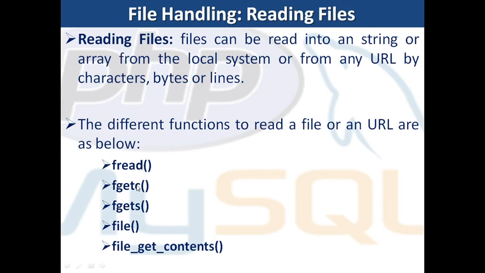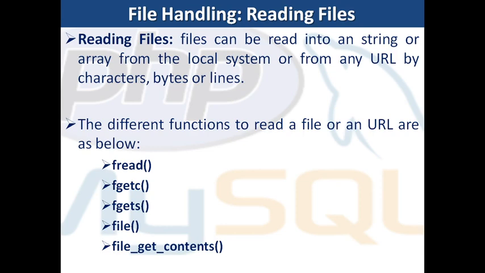fgetc function is used to read character-wise data from a file. fgets is used to read line by line data from the file. file, we can read complete data from the file, but it stores data in an array.